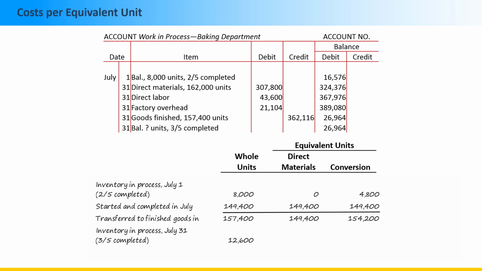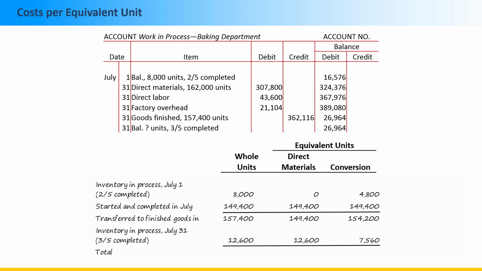Therefore, the equivalent units as to materials are 12,600. The 12,600 units of ending work in process inventory are 3/5 or 60% complete as to conversion costs. Therefore, equivalent units as to conversion costs are 7,560 units, which is 60% of 12,600 units.